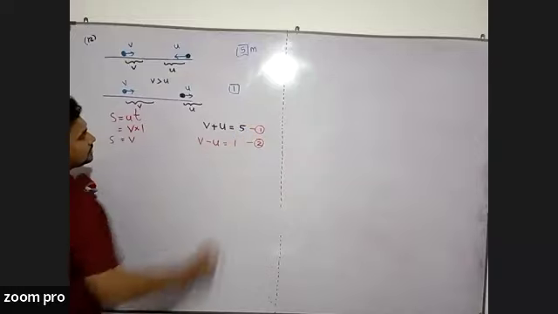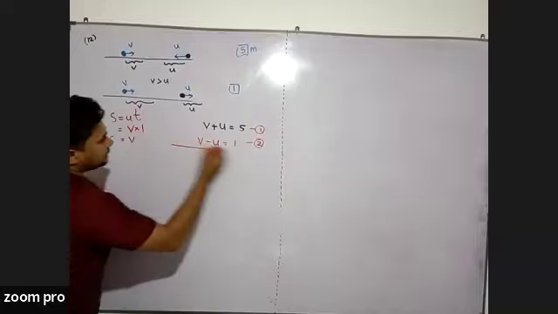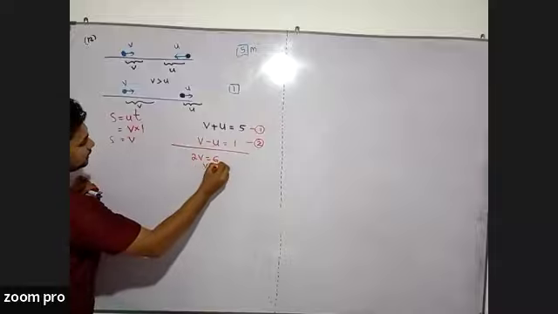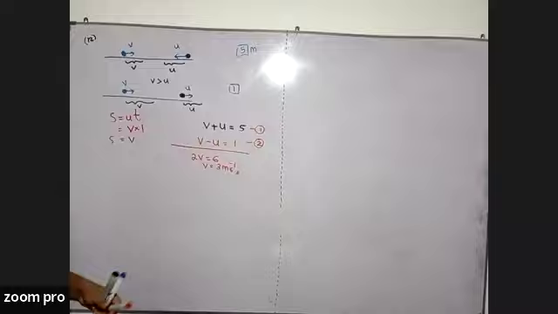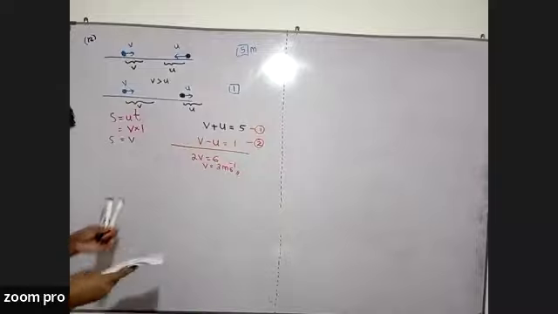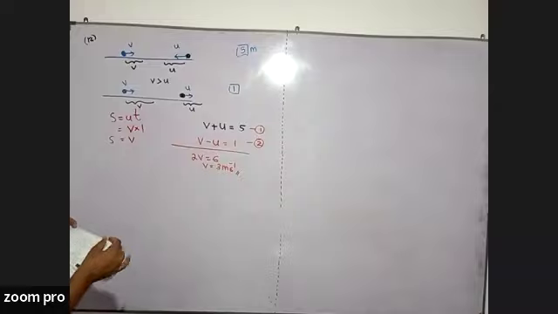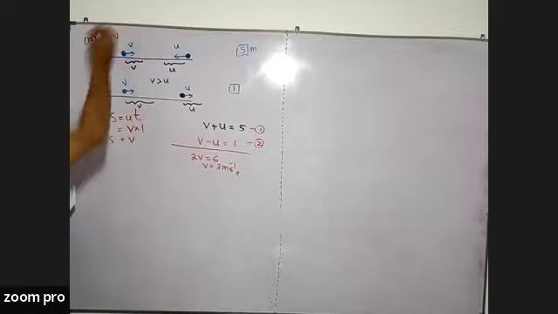Let's consider these as simultaneous equations. Let's add them: then 2v equals 6. Then v should be 3, and the other should be 2. So the answer should be 2 or 3. This can be the third one or the fifth one.